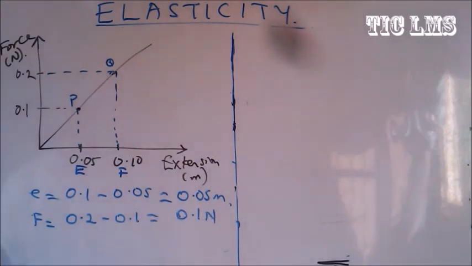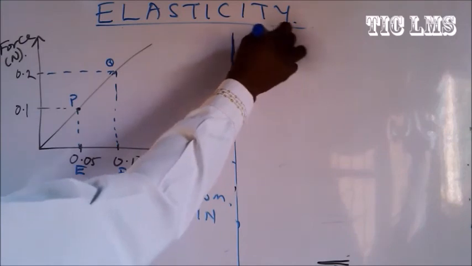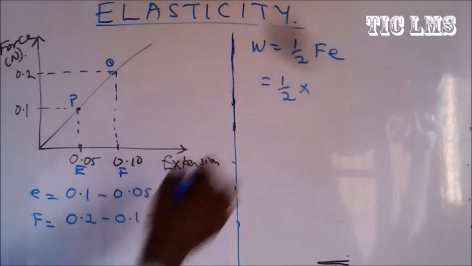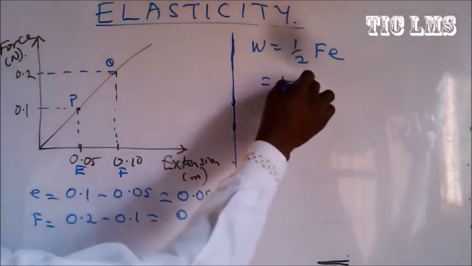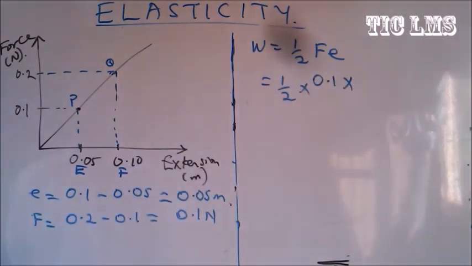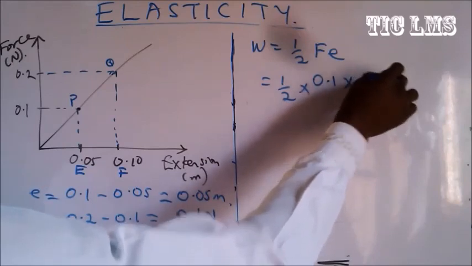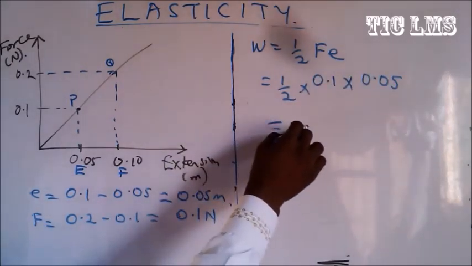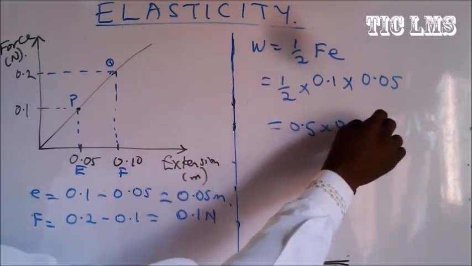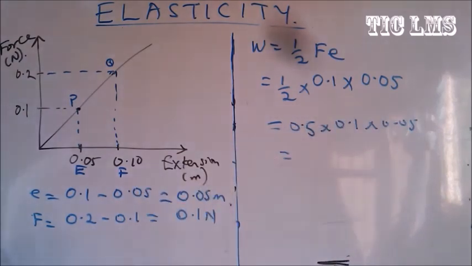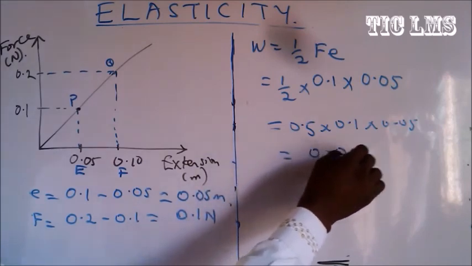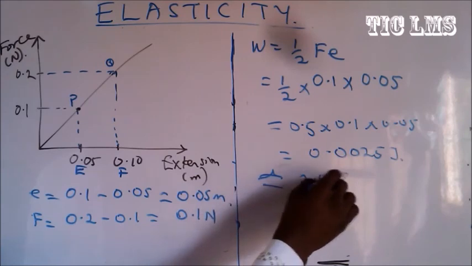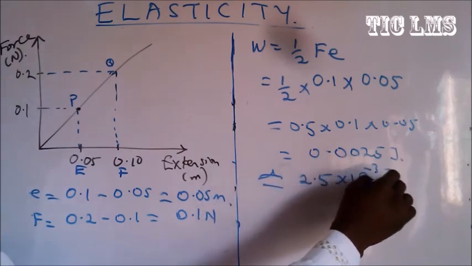Now to calculate the energy stored, we have that the energy stored equal to half Fe. So we have 1 over 2 multiplied by the force, which is 0.1, times the extension, which is 0.05. And when we multiply this, that is 0.5 times 0.1 times 0.05. That gives 0.0025 joules, which is also equal to 2.5 times 10 to the power of minus 3 joules.